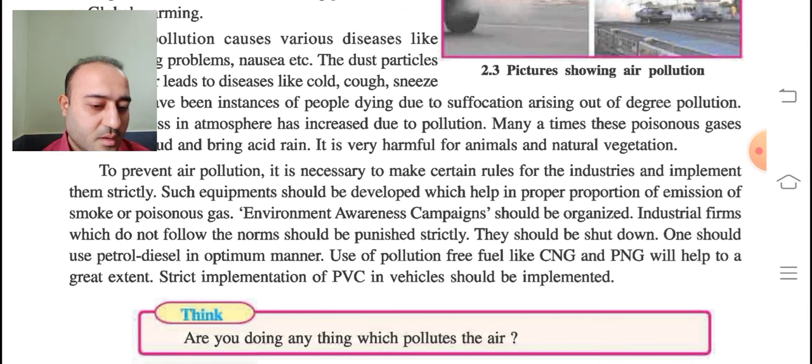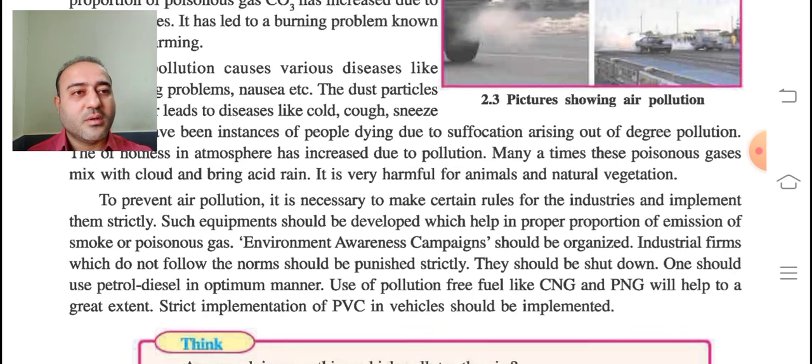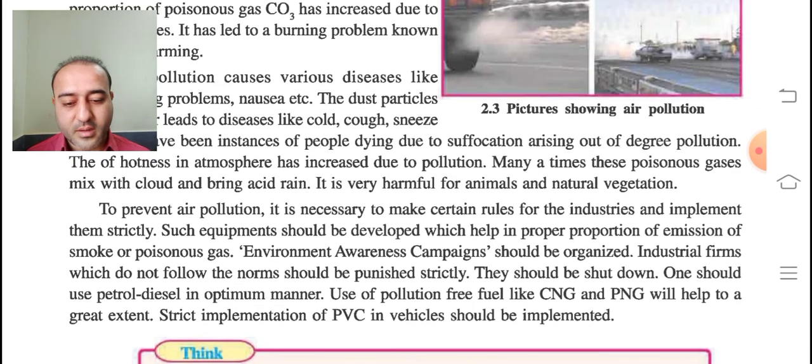So here it is written optimum manner, which is a mistake again. This is the textbook of the Gujarat government, so there are a lot of mistakes in this new textbook, so we will make changes in that. Here it should be, one should use petrol and diesel in a judicious manner.